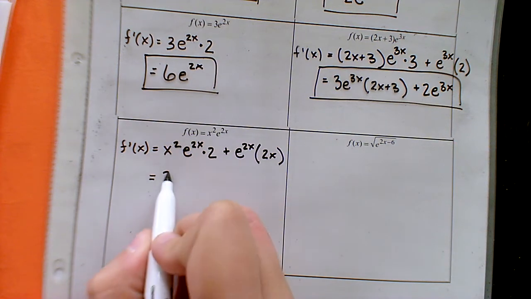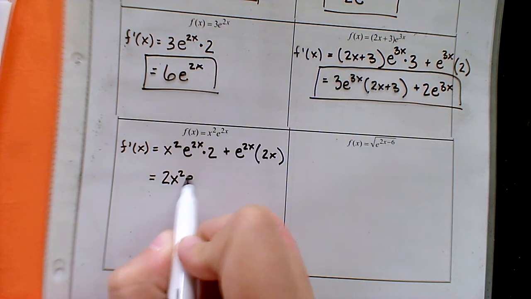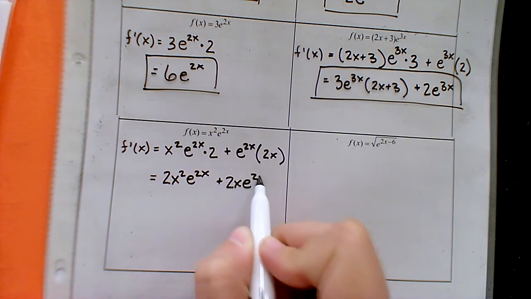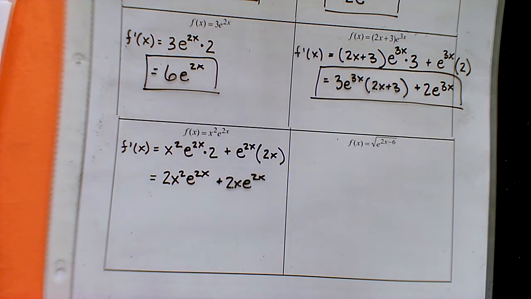Now, cleaning it up just might involve reordering some terms. It might look something like that. If you wanted to keep going, notice how both of these terms have a 2 in common, an x in common, and an e to the 2x in common.